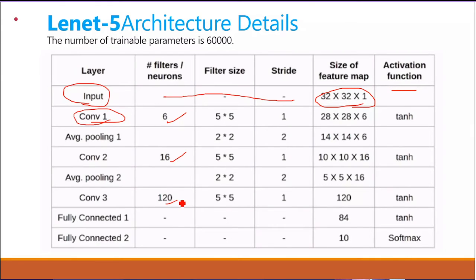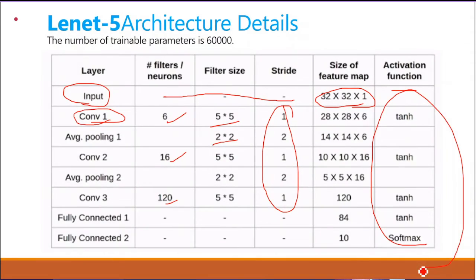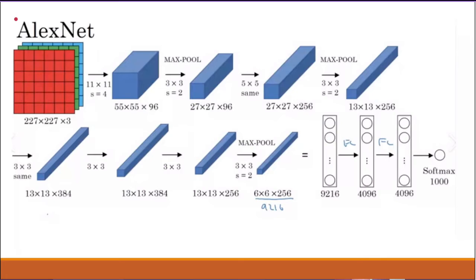Likewise, you can design your own. The filter sizes are 5x5 and 5x5, and 2, with strides of 1 and 2. This combination is applied, with the activation functions TANH and softmax. So these are the architecture details. We have to represent the parameters.